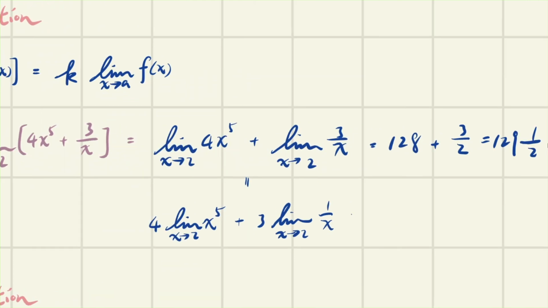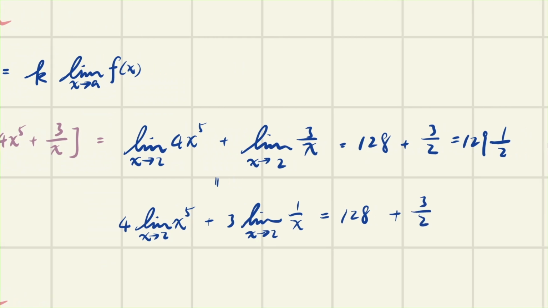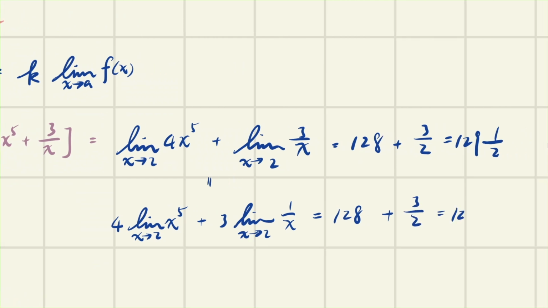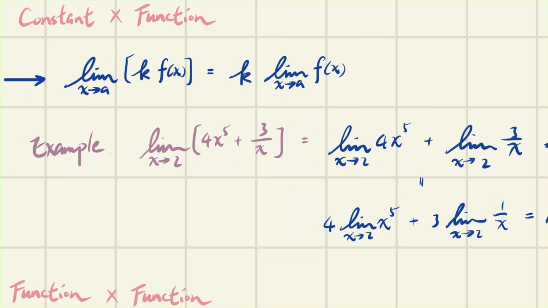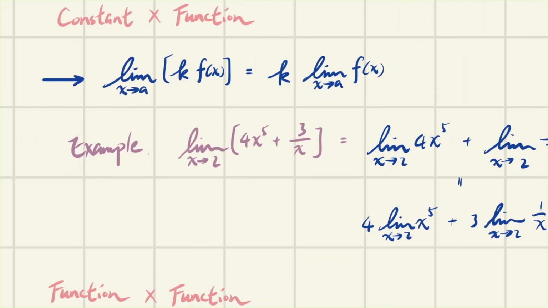Then we get 4 times 32, which is 128, plus 3 times 1 over 2, which is 3 over 2. Then we get the same answer, 129 and a half. That's basically if a constant is multiplied with a function, we can just pull the constant out, right?